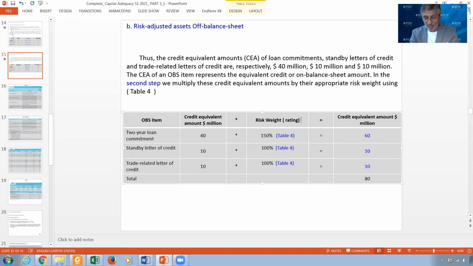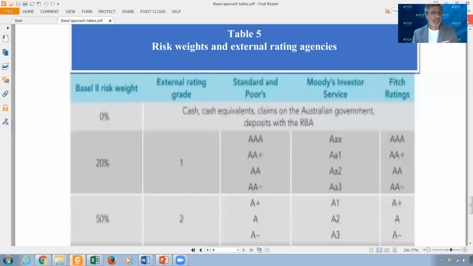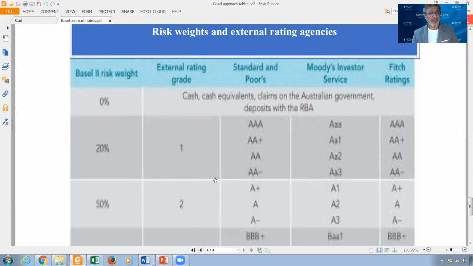And you can take it from, as I told you, table 5 in the main tables, or table 4 here. But I prefer you use my tables here, regardless whether it's table 5 or table 4, you are using the rating, and you are using the Standard & Poor's, and this is the risk weights.